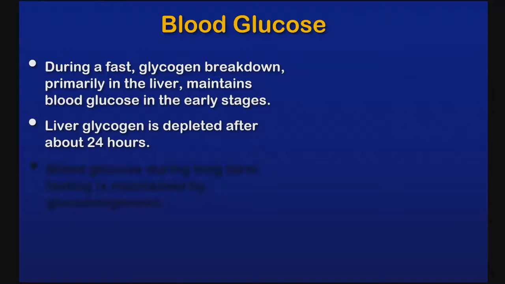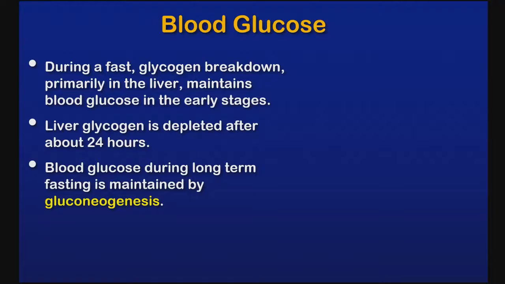So during fasting, again, this is what I was saying: anytime you start talking about biochemical processes, metabolism, you have to put yourself in a condition. Either you're in a fasting state or you are in the well-fed state. Keep that in mind, okay? During fasting, glycogen breakdown occurs primarily to maintain the blood glucose.